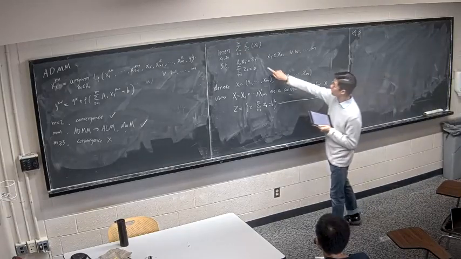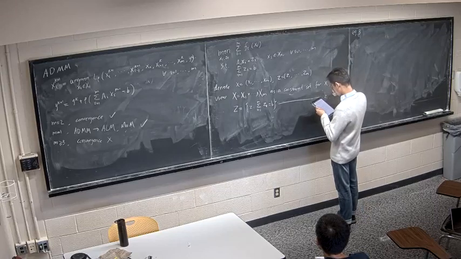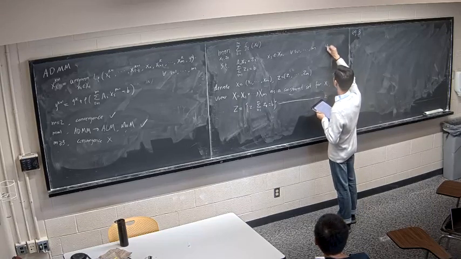Because here we have m constraints, for each of them we need to introduce a new variable, yi.